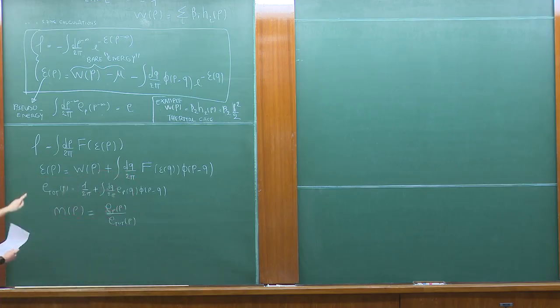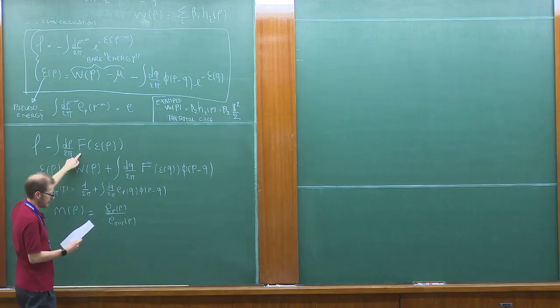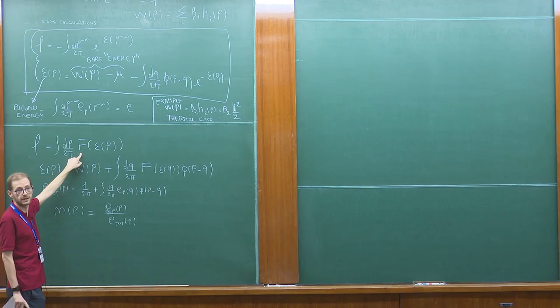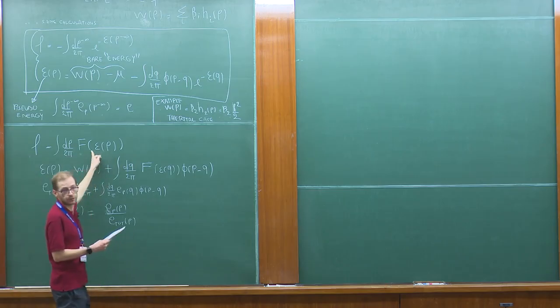Now, this is the free energy density, and we write it with this function capital F. This function capital F depends on the statistics, quantum or classical statistics, of the particles, and this is an input that you need to give.